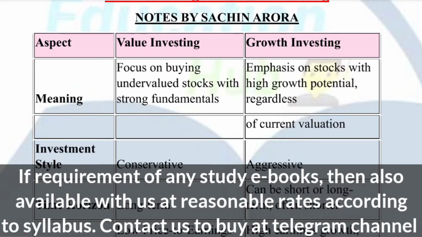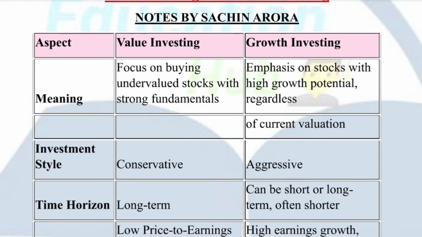So growth investing is an aggressive approach. But on the other side, value investing is just to buy stock at lower prices and look for companies with strong fundamentals. That is the reason you can say that in this we have a conservative approach. So value investing is a conservative approach, growth investing is an aggressive approach.